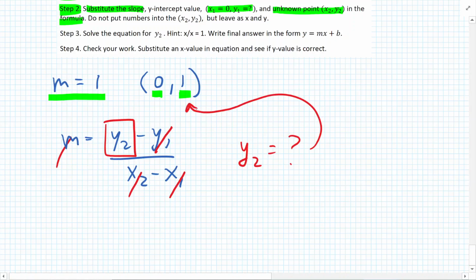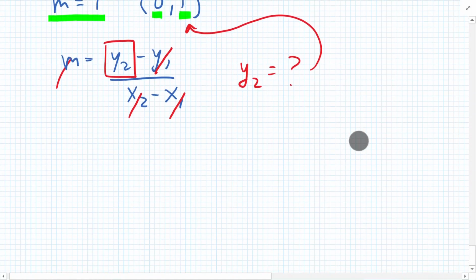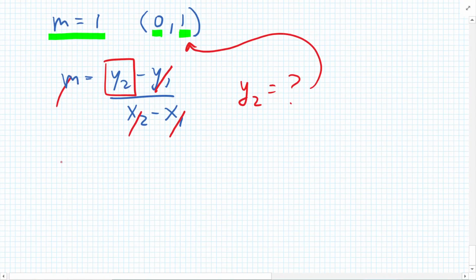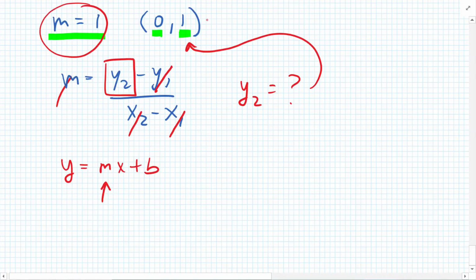Okay. Well, this time we want to create an equation of the line of the form y equals mx plus b. Okay. We don't know the term. We do know the term of the slope. That's given here. We know the value of the y-intercept b. That's here. We should get the same exact answer.